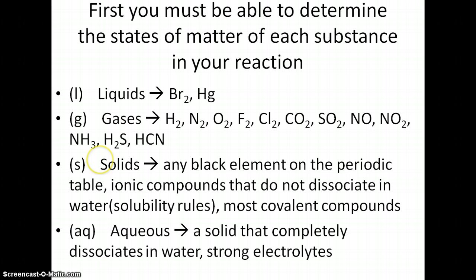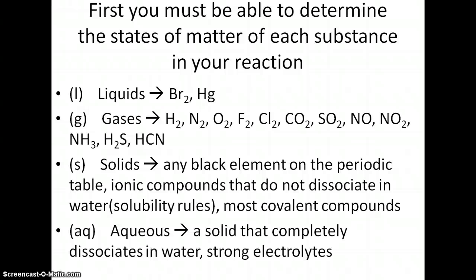And then solids are going to be any element that's just black on the periodic table, or an ionic compound that doesn't dissolve in water. That'd be based on our solubility rules, which we'll get to in a little bit. And most covalent compounds fall into this category as well as a solid when dissolved in water.